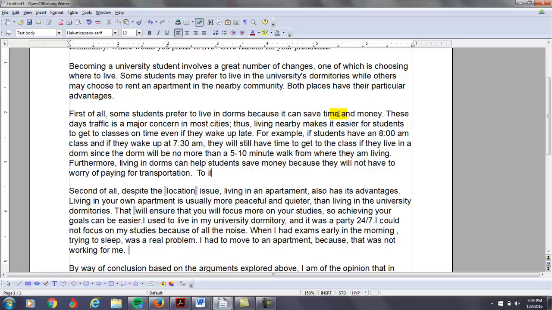We have to give an example. This is a key thing I want you to really get into your brain here. Whenever you make a statement, it's what we call an assertion. An assertion is a claim. You then need to back it up with some details. So I'm saying that living in dorms can help students save money because they'll not have to worry about paying for transportation. So we have to illustrate.